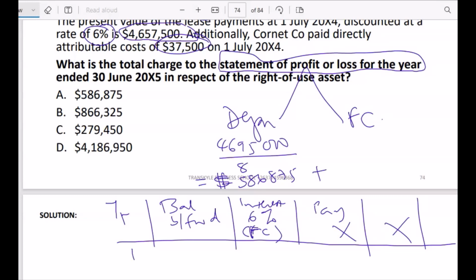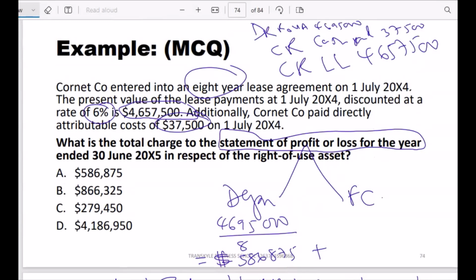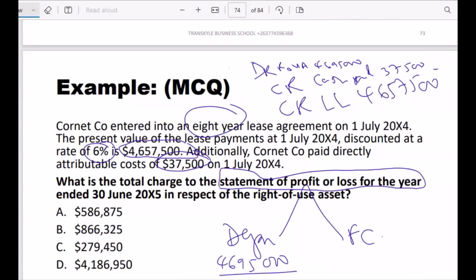So in year one, the balance brought forward was the liability, not the right of use asset actually, but the liability. We need to take this liability. That's the figure that goes in there. So don't mix up these figures.